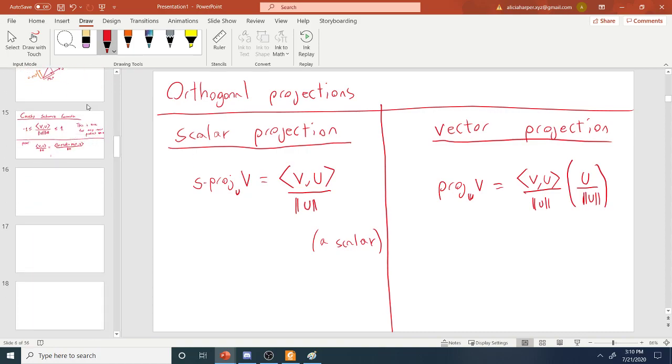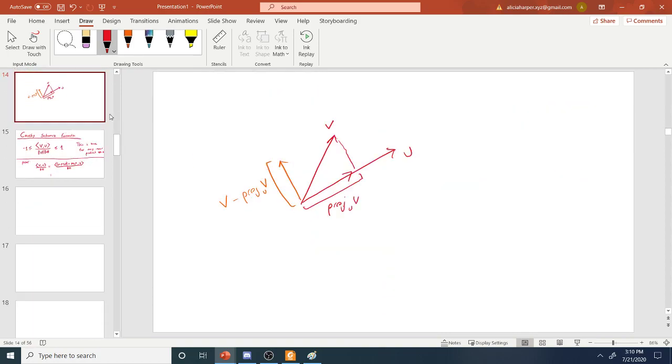So consequently, if v minus proj of v onto u is orthogonal to proj of v onto u, it's also orthogonal to u.